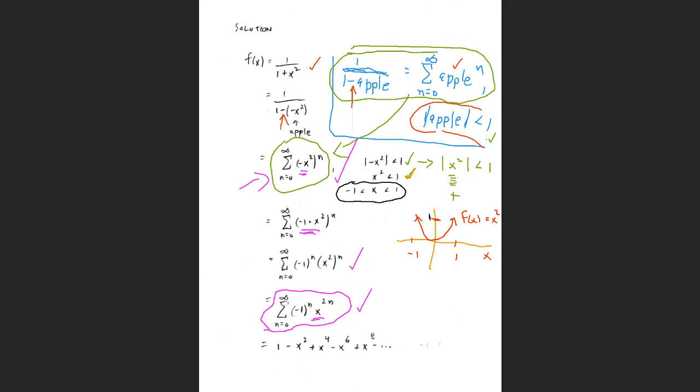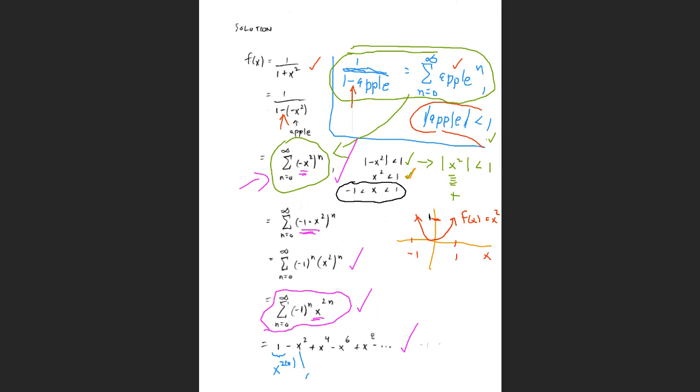And if we write out some terms, the first 5 terms of the power series, there you are. 1 minus x squared plus x to the 4th minus x to the 6th plus x to the 8th. Right? It doesn't hurt to put it in the little recording here. So 1 is just x to the 2 times 0 power.